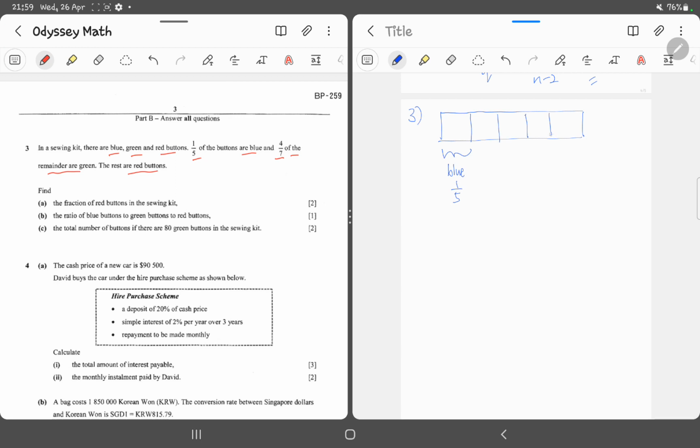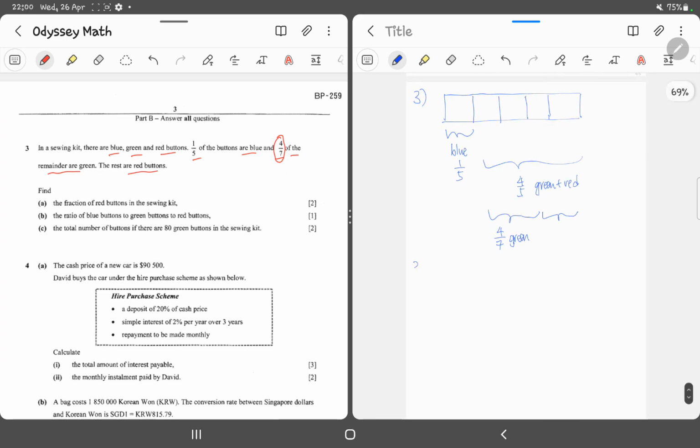And then 4/5 over here will be the green plus the red, of which out of this 4/5, because this is the remainder, 4/7 of the remainder are green. So 4/7 out of the 4/5 are green. Okay? So the question wants us to find the fraction of the red buttons in the sewing kit.